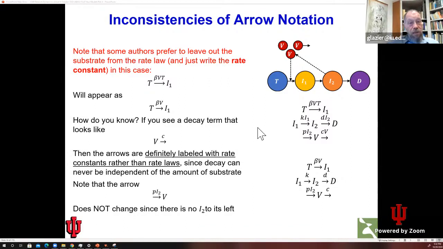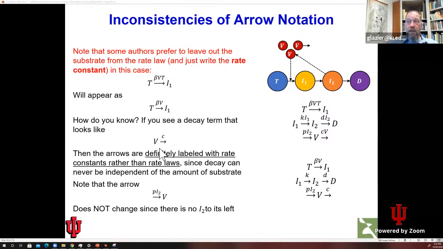Well, you have to think about what's meaningful. So for example, suppose I had this form here for the decay of my virus. It would turn V goes to nothing at rate C times V into V goes to nothing at rate C. I know I can't have a negative amount of virus.